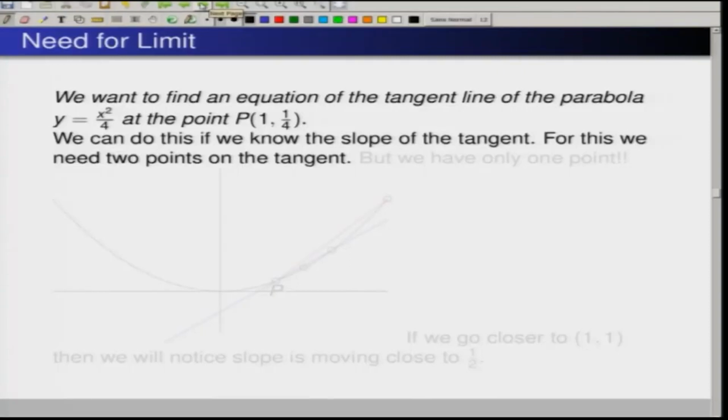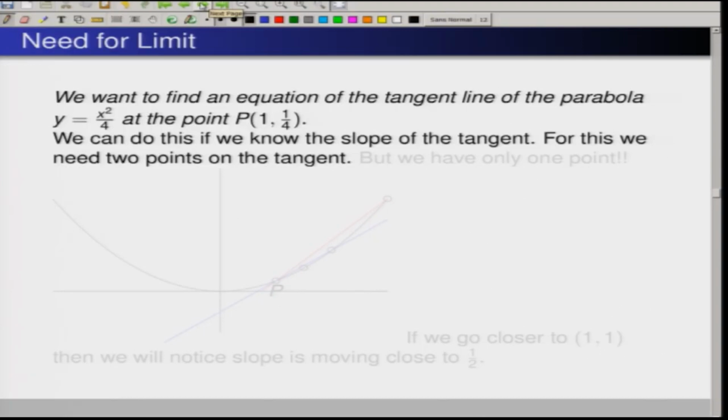In order to know the slope, if we know 2 points on the tangent, then we can calculate the slope of the tangent. Our problem is that we have been given a parabola and we want to find a tangent at a point.